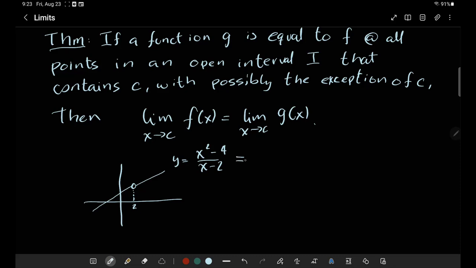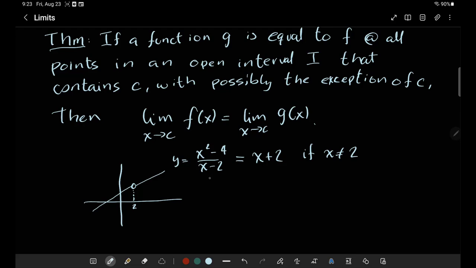Remember we factored because we had 0 over 0 at x equals 2, and we said we want to factor, as you all remember. Then we factor and we got that this was equal to x plus 2 when x is not equal to 2. So this is the situation I'm describing here.